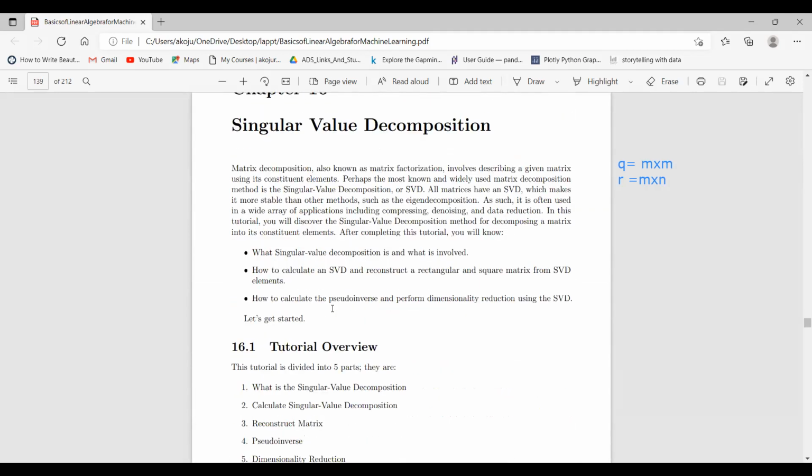Next, singular value decomposition. As we have said, whenever it is feature extraction, if you have been given any data set, then you need to consider only some of the features which will keep the essence of the original data.